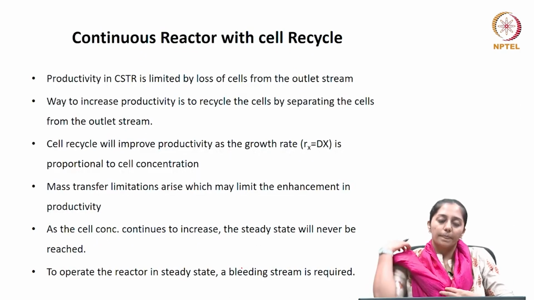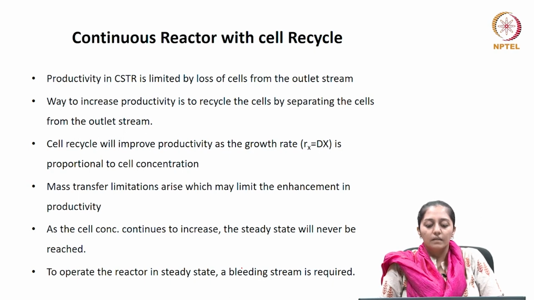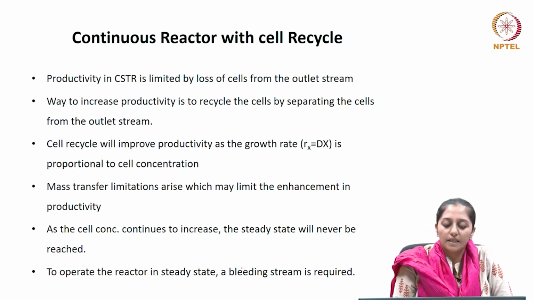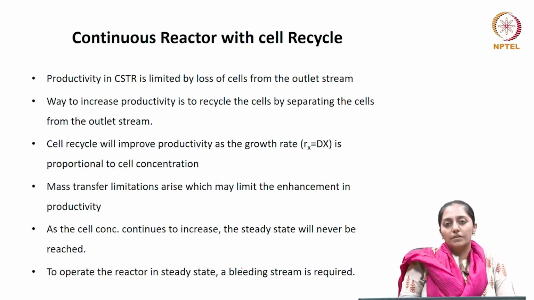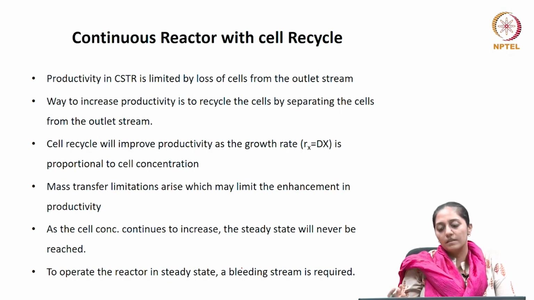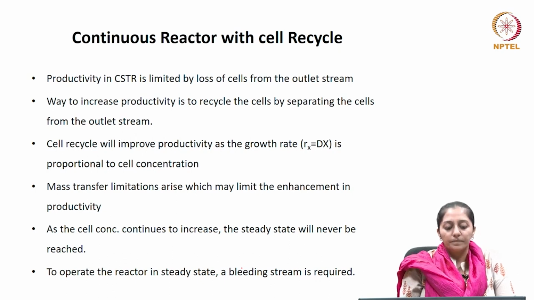Now, let us see, if we are running a continuous reactor with cell recycle, then how do we design such systems? The productivity in a CSTR is limited by the loss of cells from the outlet stream, isn't it? Because we cannot run a CSTR at dilution rates greater than mu max. So, the productivity is limited by the loss of cells which is happening in the outlet streams.